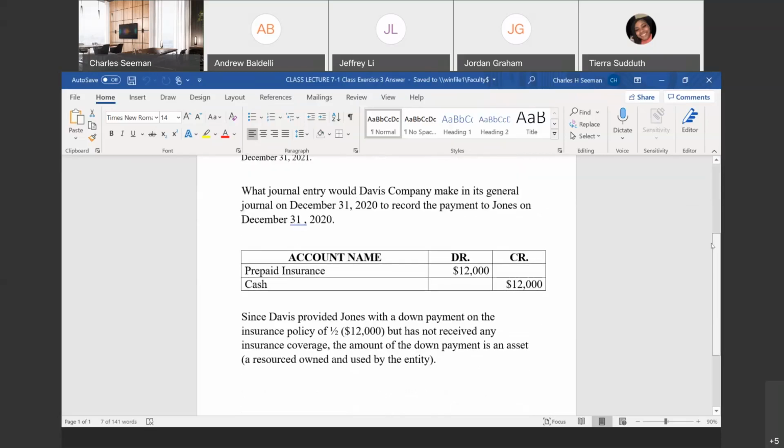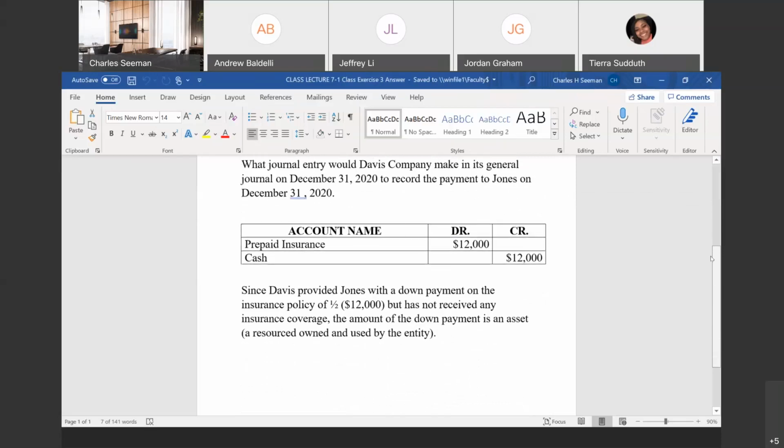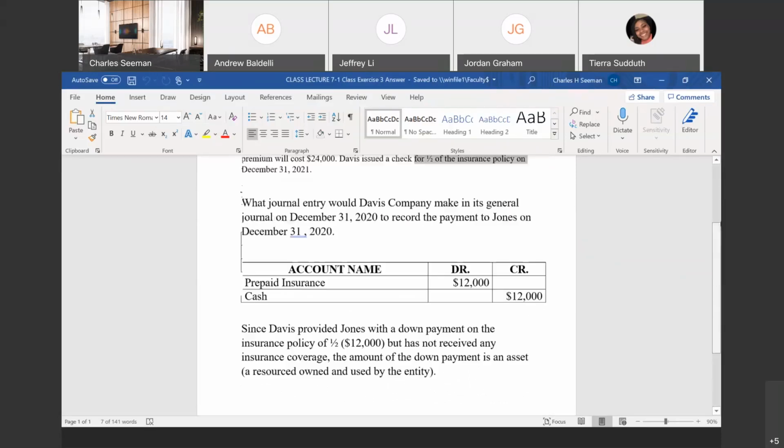Since Davis provided Jones with a down payment on the insurance policy of 1/2, $12,000, but has not received any insurance coverage, the amount of the down payment is an asset, a resource owned and used by the entity until it's used up.